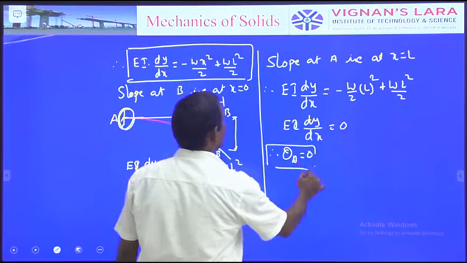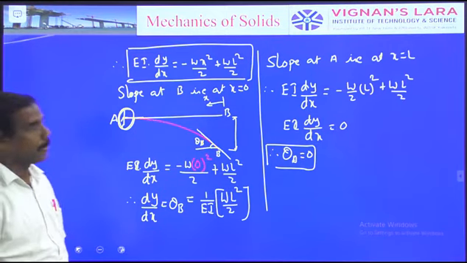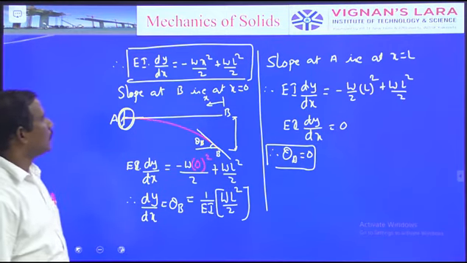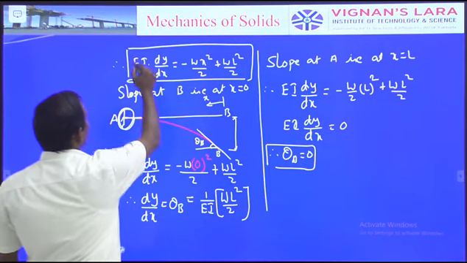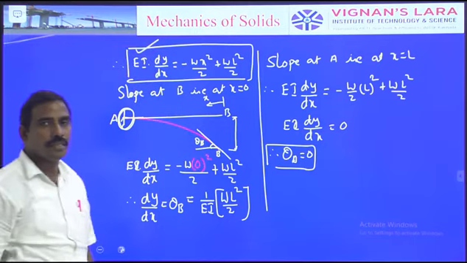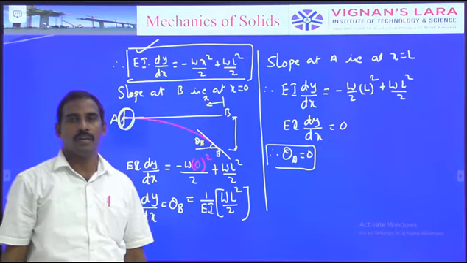So this is the procedure to calculate the slope. Now find out the deflection. It means integrate this equation once again and impose the boundary conditions.